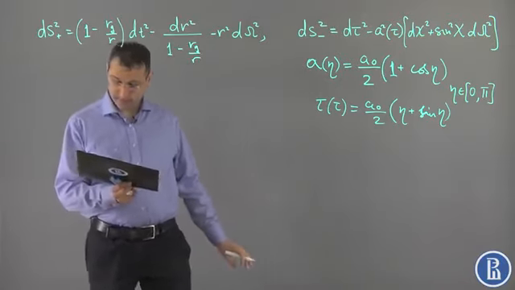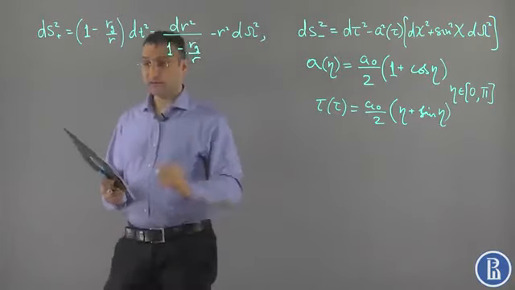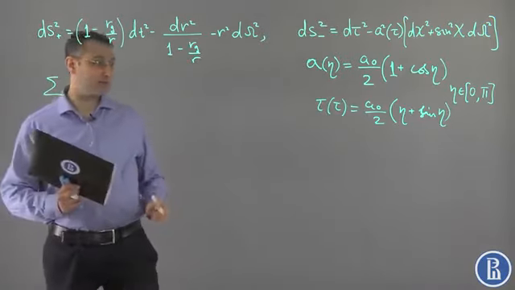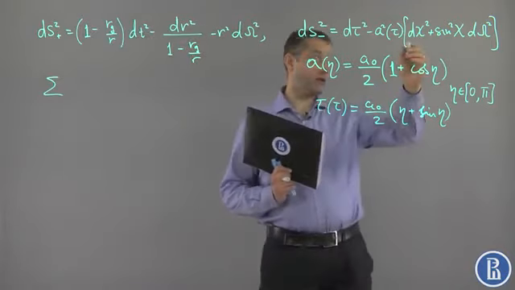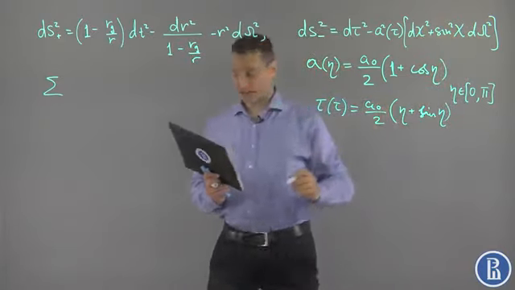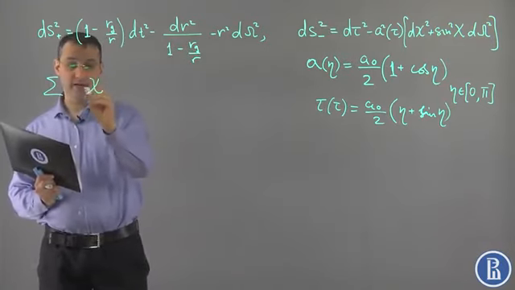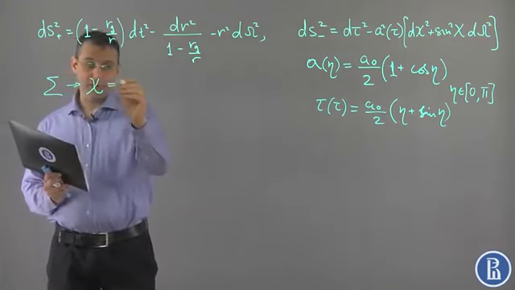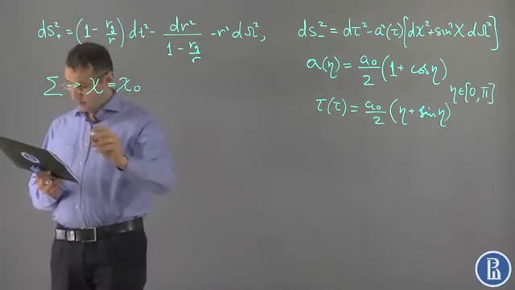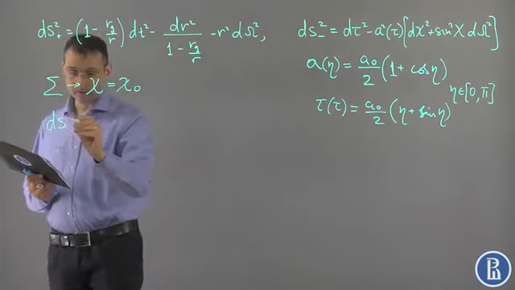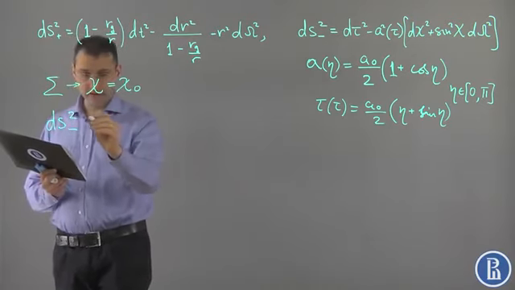Within this metric, the surface of the star, sigma, is just one of the surfaces inside the 3-sphere, the one which corresponds to chi equals chi 0. So it's a world surface in this case.